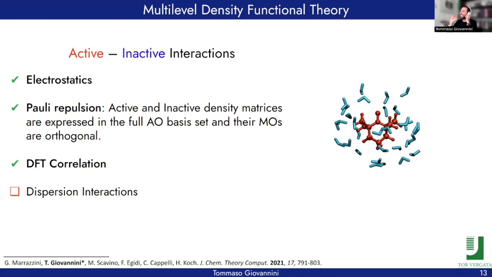Did I explain? For me, I thought that active means that the active part is the part where some physical process that you are interested in resides. Yes, exactly. How you define active and inactive is up to you. If you are interested in the properties of this part here, then that will be your active part.